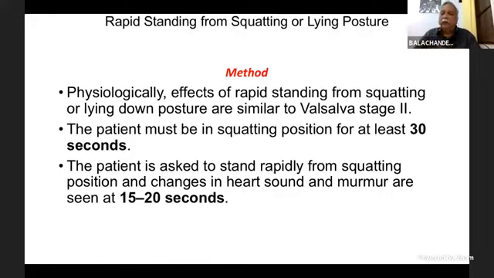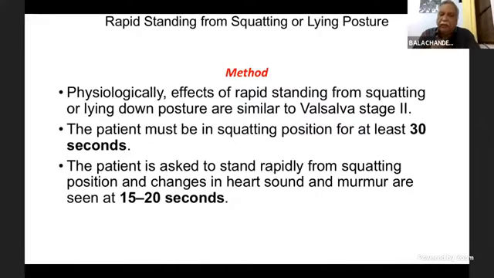And these two maneuvers have to be done in HOCM. Physiologically, the effect of rapid standing from squatting or lying down posture is similar to Valsalva. So the patient must be in squatting position for at least a few seconds, and then he is asked to stand rapidly from squatting, and the changes are seen in 15 to 20 seconds.